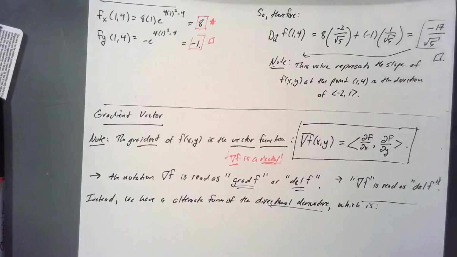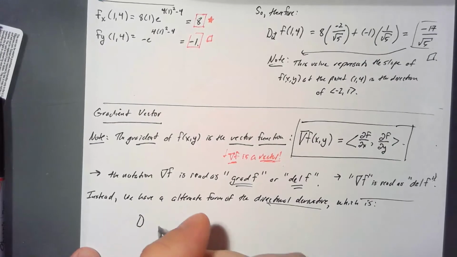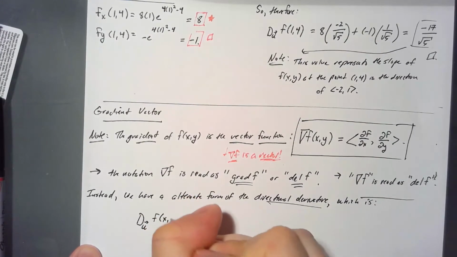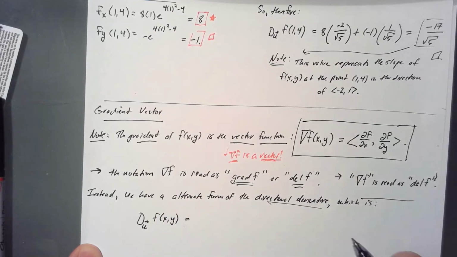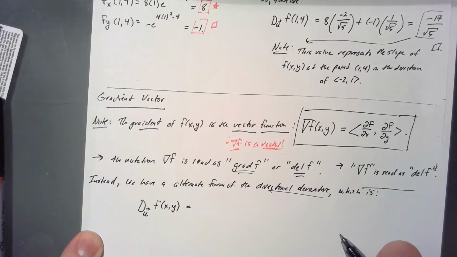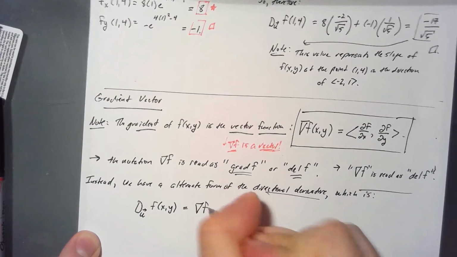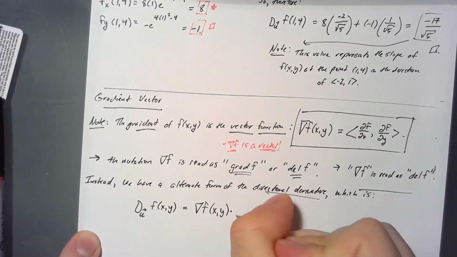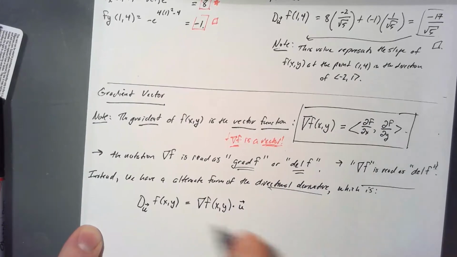We could write the directional derivative now, we could write this instead as grad of f at xy times the vector u.